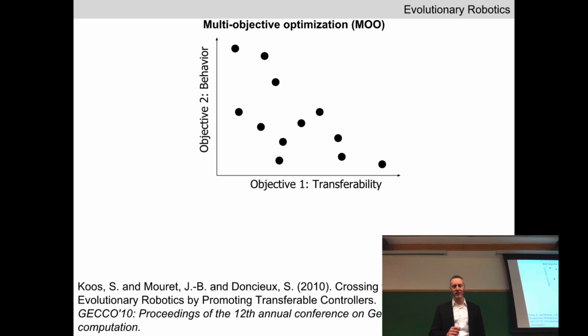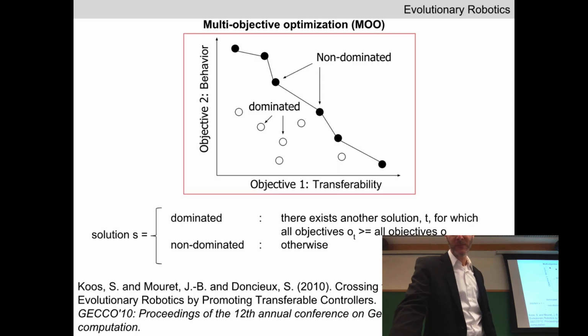So let's try and be a little bit more formal in how we do this. We're going to put each of these controllers into one of two boxes, the dominated box or the non-dominated box. What makes for a dominated solution? A dominated solution is one for which there is some other solution in the population that is better at both objectives.